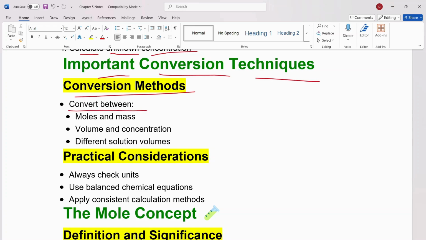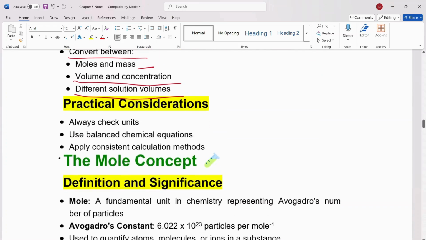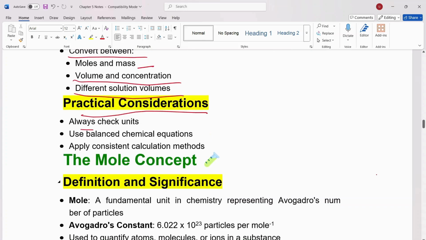You need to convert between moles and masses. You need to convert between volume and concentrations. And also, you need to learn how to convert solutions of different volumes. Practical considerations: always check units. Use balanced chemical equation. Apply consistent calculation methods.